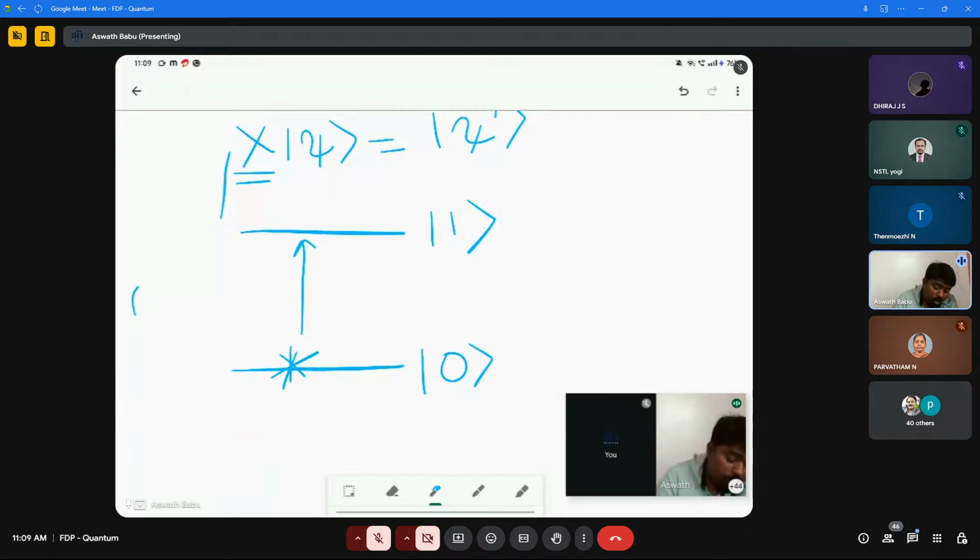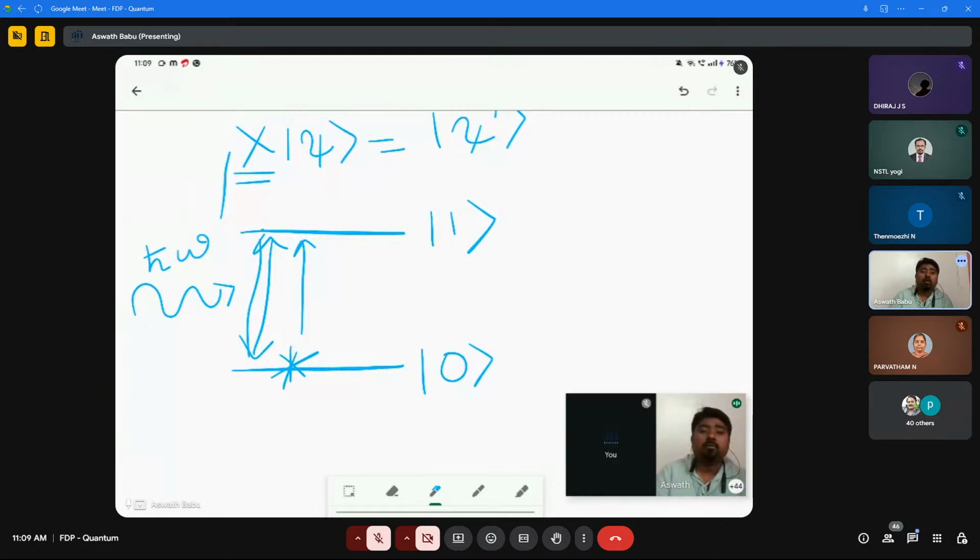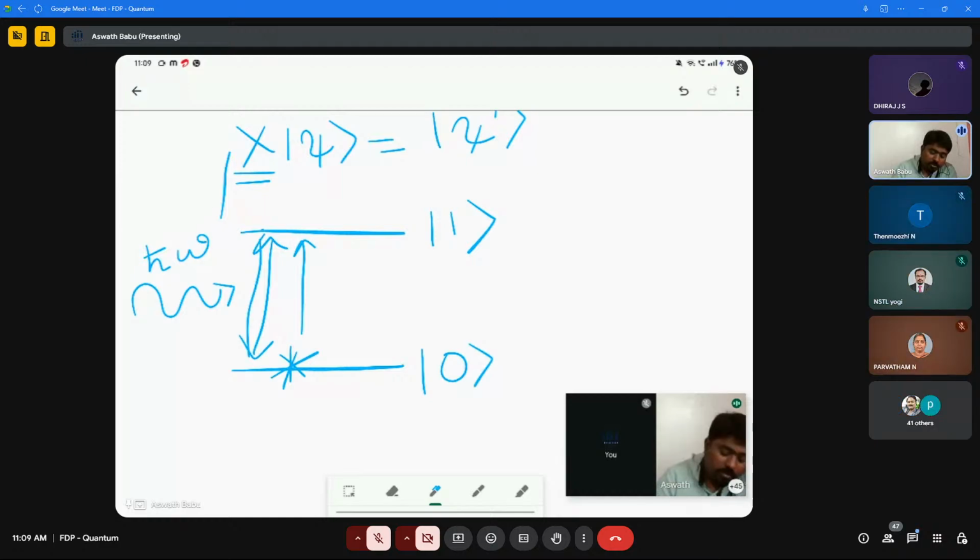I will send a photon having energy exactly equal to the separation between these two levels. So that photon has some h omega, which matches with the energy separation between 0 and 1. What happens? The electron which is in 0 goes to 1. A single photon having energy equivalent to the 0 to 1 separation pushes the quantum state from 0 to 1. That is a kind of X gate operation for you.